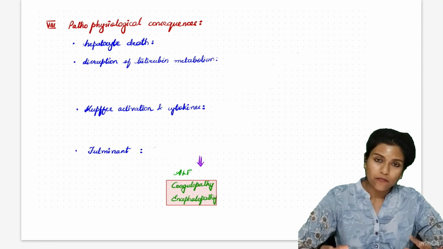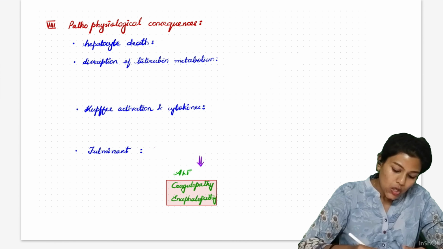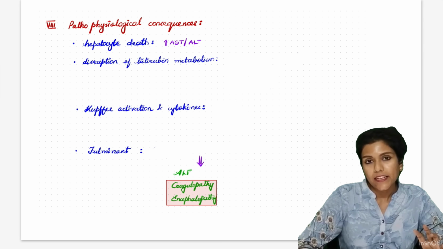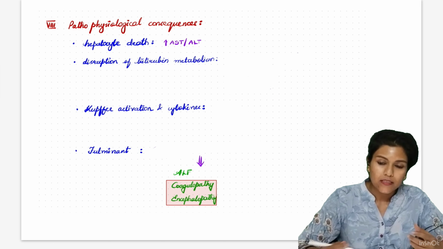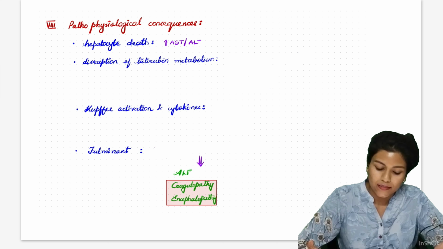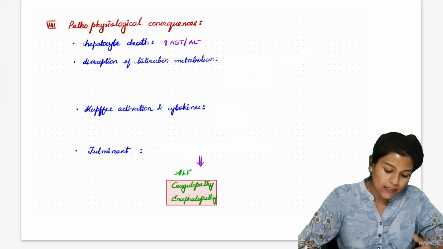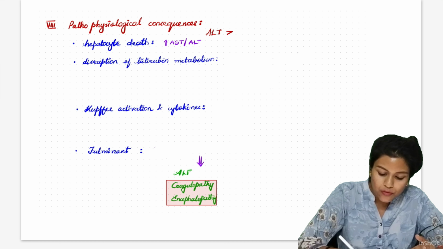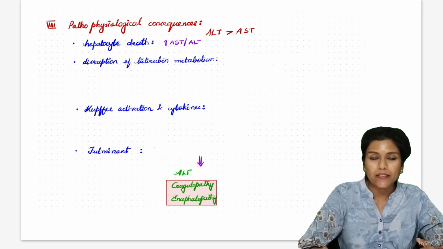Coming to the pathophysiological consequences. Because of hepatocyte death, as we have discussed, either by apoptosis or necrosis, the cell contents will leak out. The cytoplasm contains transaminase enzymes, so there will be an increase in alanine transaminase and aspartate transaminase. Especially in viral hepatitis, ALT levels will be more raised than aspartate transaminase.